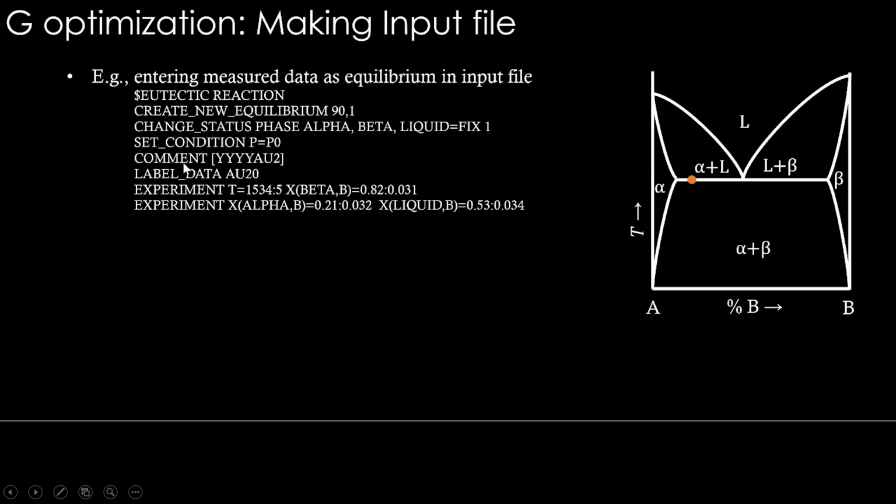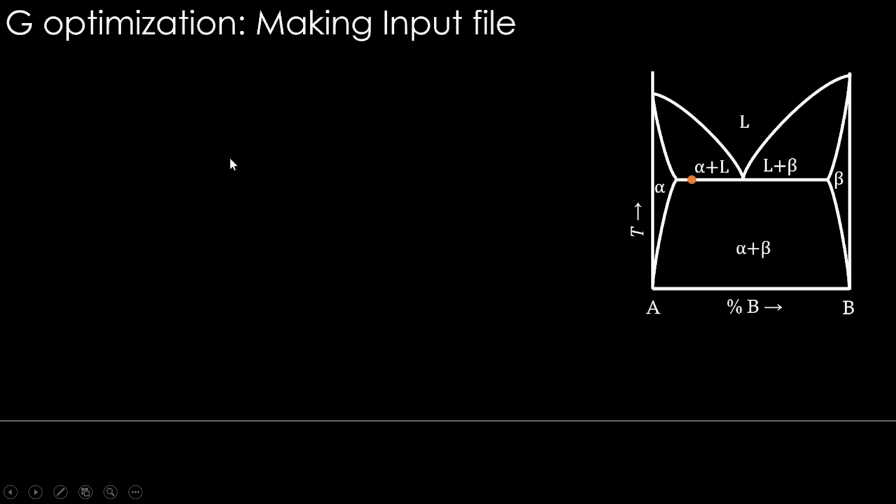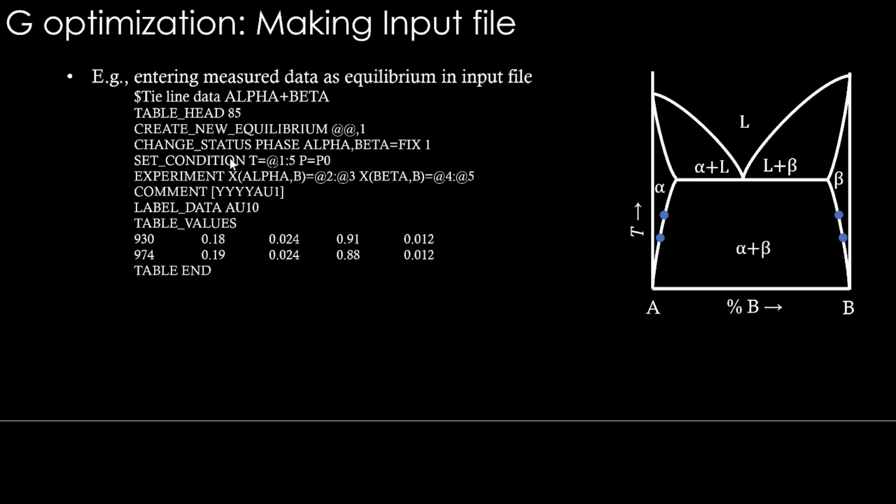Okay. And here that comment thing, in the previous slide also we had this comment here and a label. This is also important because this YYYY stands for year. AU1 is author 1. So you can keep year and first author name followed by a number.